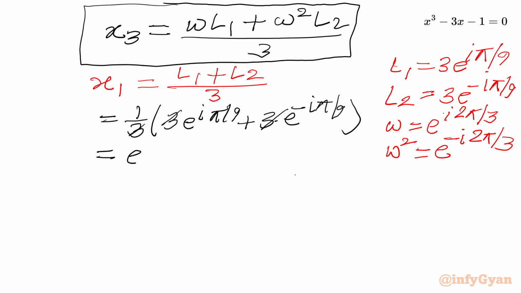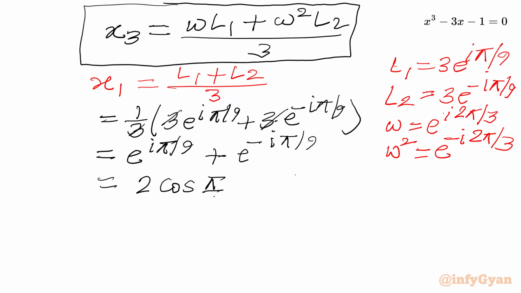So we will have e power i pi over 9 plus e power minus i pi over 9, which is equal to 2 cos pi over 9. So our first root is 2 cos pi over 9. If we find the approximate value, it is approximately 1.8794.